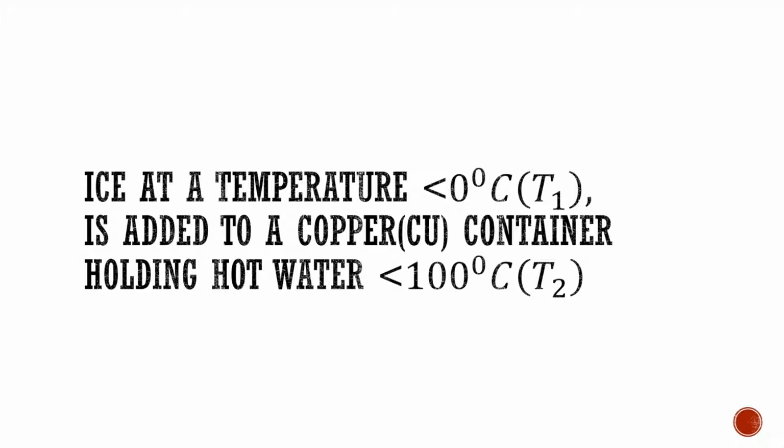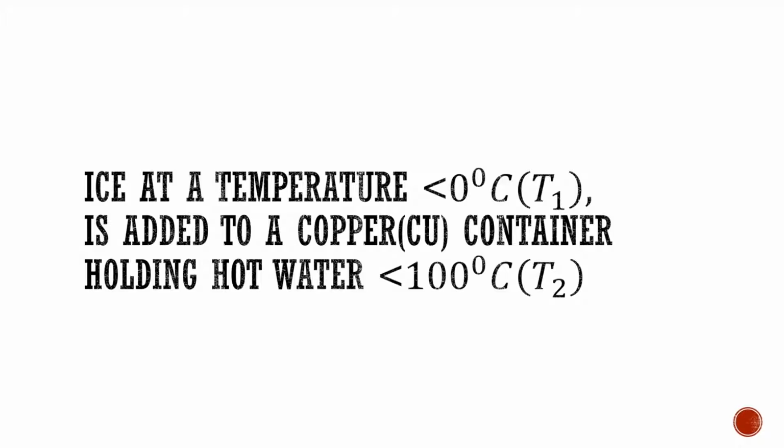Now let's have a look at the first example. So here what we are considering is ice at a temperature less than 0 degrees Celsius. Say we are taking it as T1. It is added to a copper container, and the copper container is holding hot water, and its temperature is less than 100 degrees Celsius.